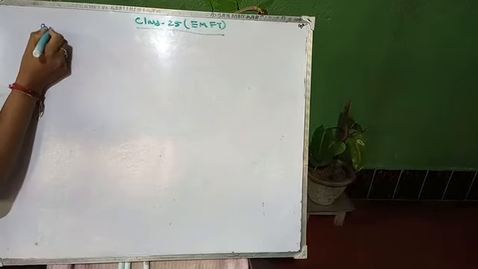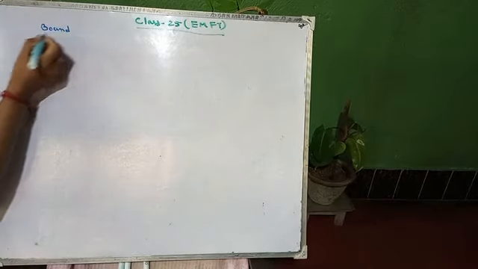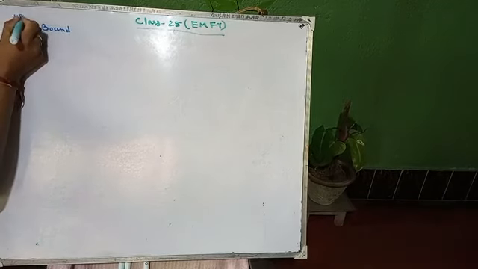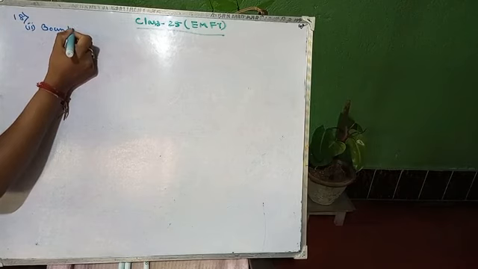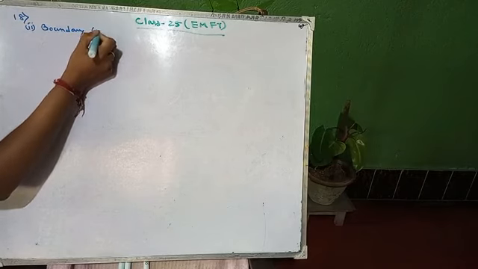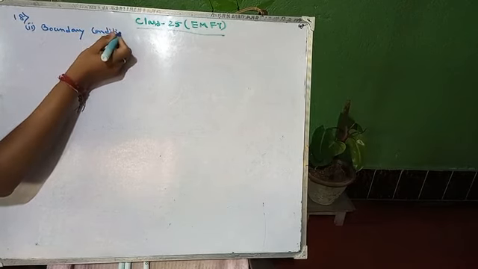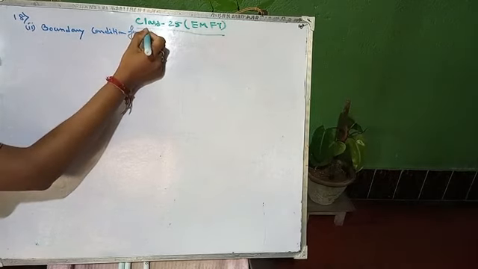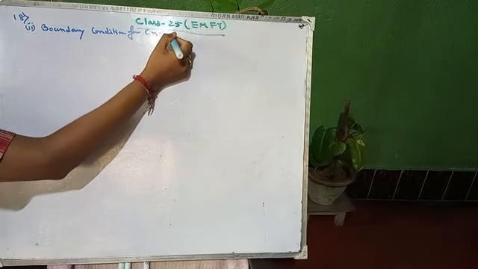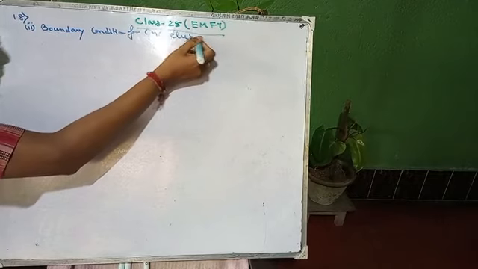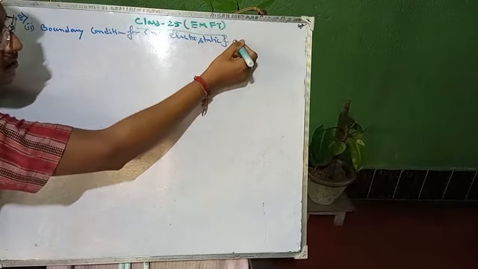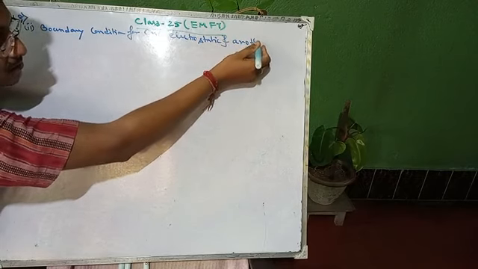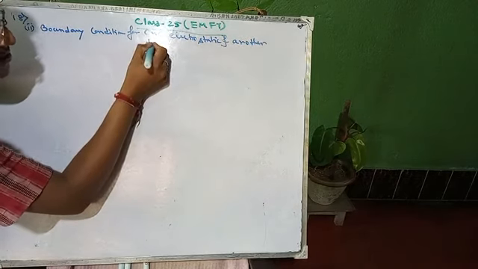So first one, write boundary condition under that same topic, topic number 18, Roman 2: boundary condition for one electrostatic and another dielectric system.